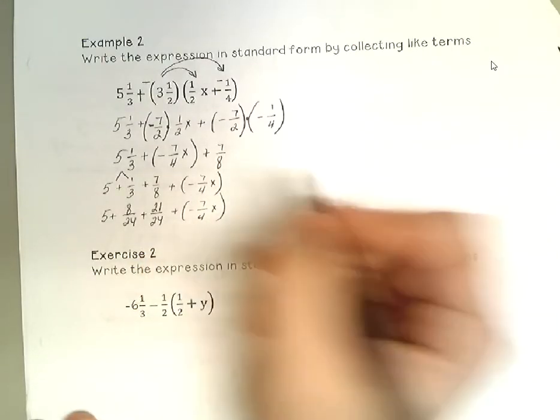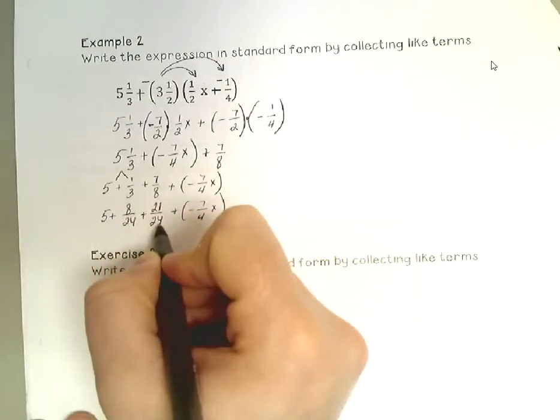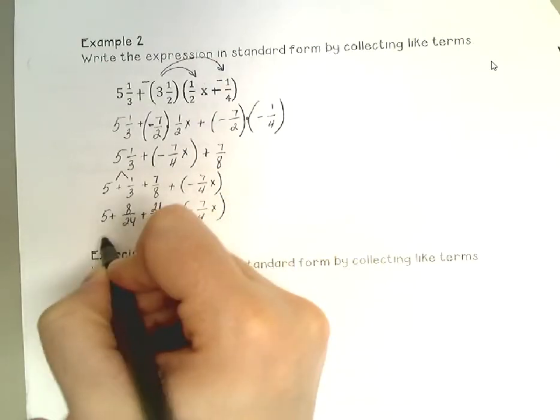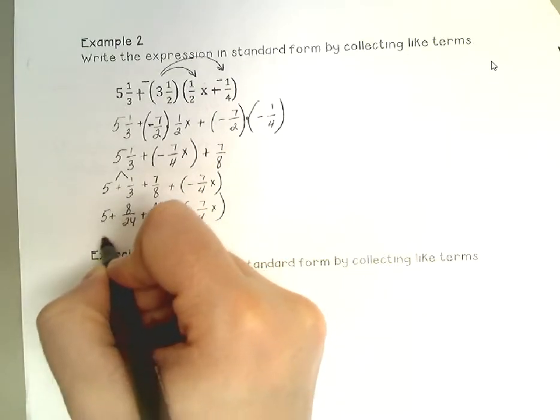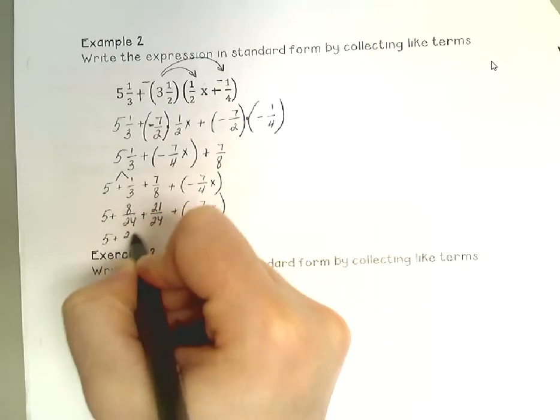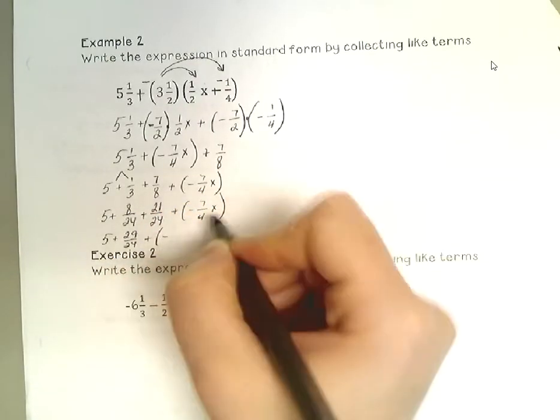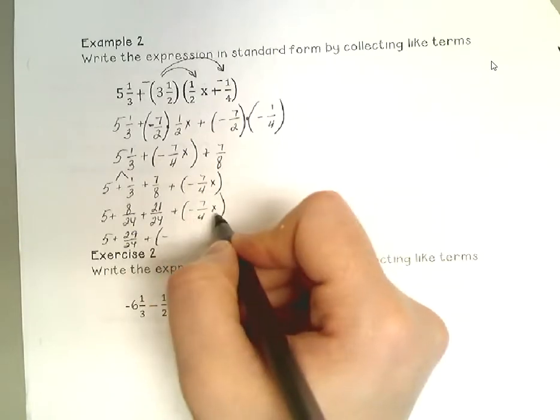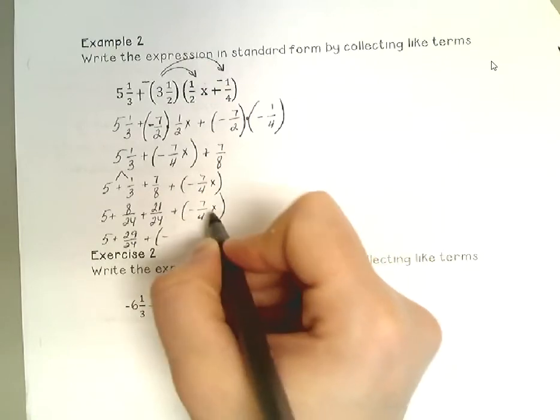Okay, so now I'm combining like terms. So I have 5 plus 29/24. That is 6, and let's see, 5 plus 29/24 plus negative, and I guess this one I can actually make a mixed number now because we don't have any other x's here.